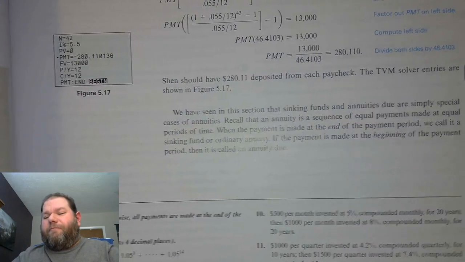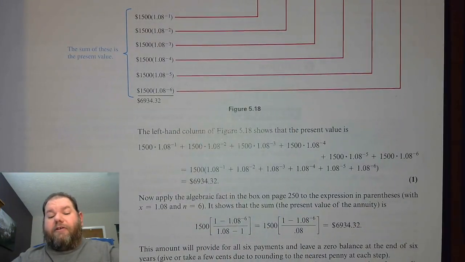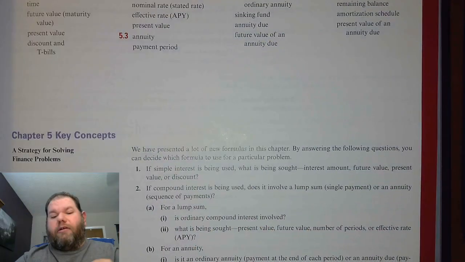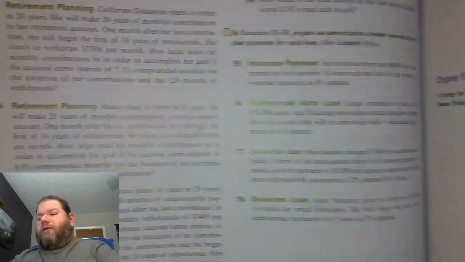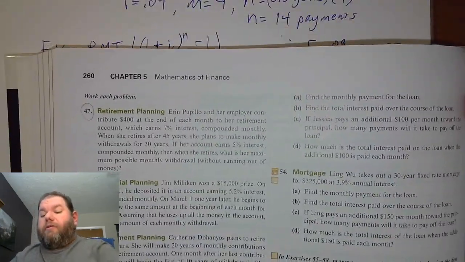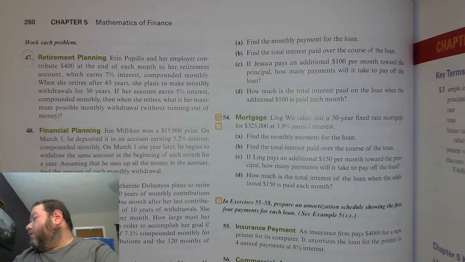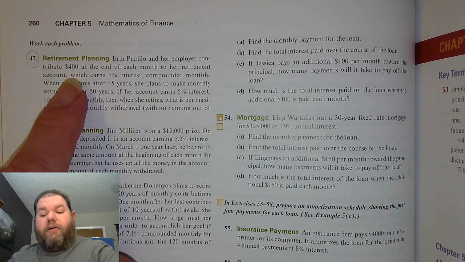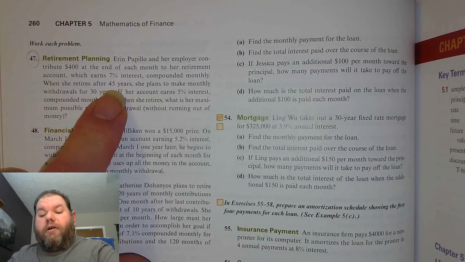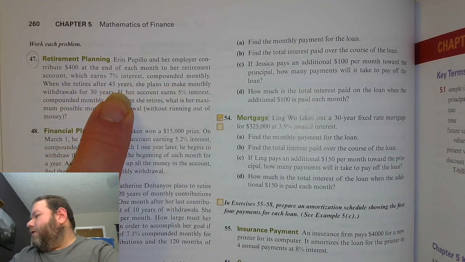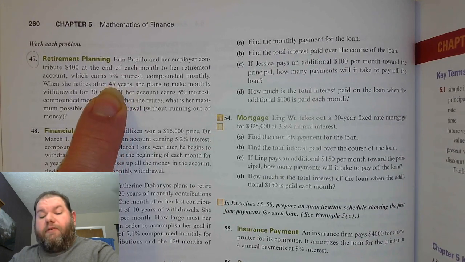Brandon, you were asking specifically, do problems get any harder than that? And I happen to notice some at the end of 5.4, and I would say these are a little bit more difficult than the one we were doing right there. The idea is that in these retirement planning problems, you contribute a certain amount each month at a percent rate, compounded at a certain period, for some number of years.